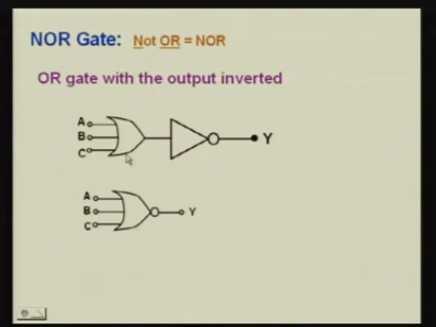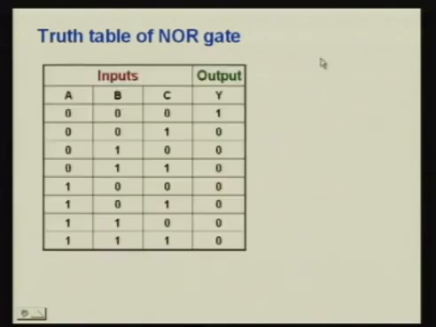Since we have already discussed the NOT gate and OR gate, we can realize these gates by using the diodes of the OR gate and the transistor of the NOT gate. You can very easily realize it just by putting the output of the OR gate to the input of the NOT gate, which we have studied already. So the truth table of the NOR gate we will be discussing here.